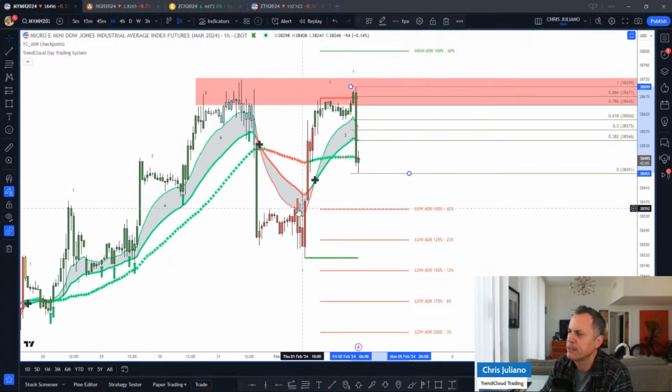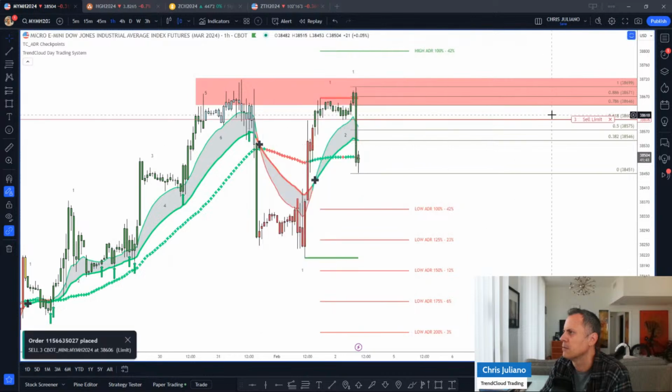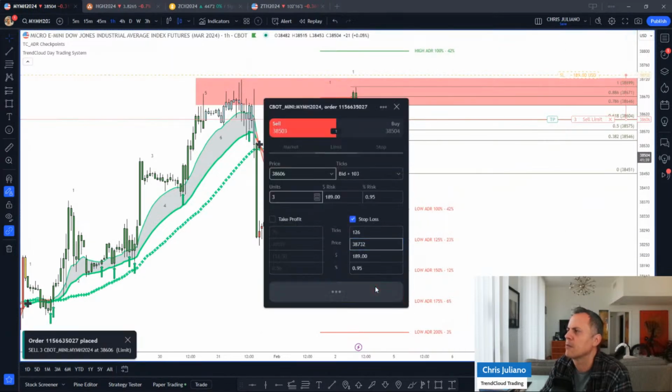So at this point in time, if we get a pullback to the 618, we can take this short. Okay. And your stop loss would have to go above structure here. It would look like this. 618. Stop loss. 189.